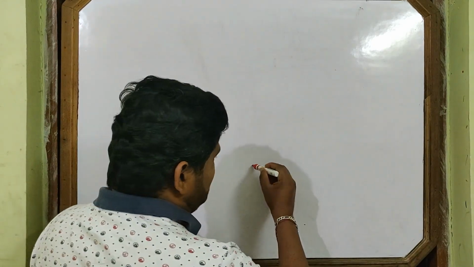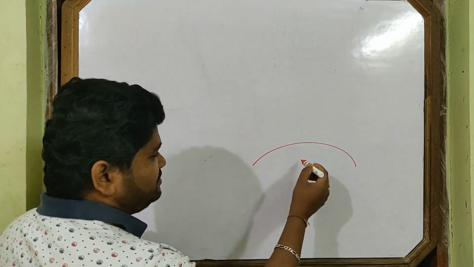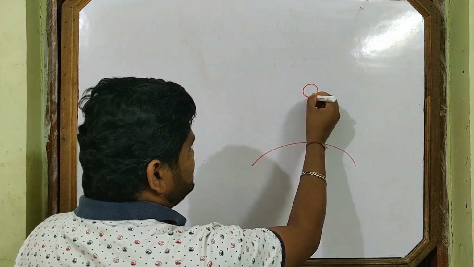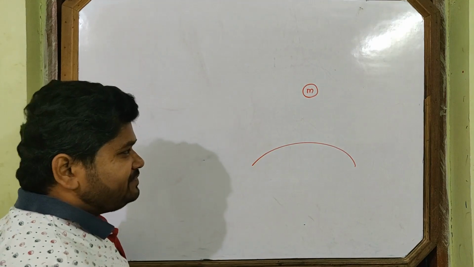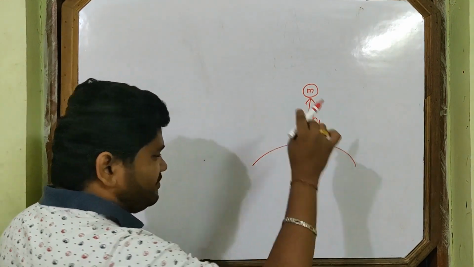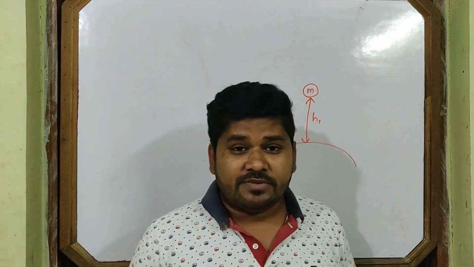You have already read in class 11th, still I am just recalling what you have learnt. Suppose this is your mother earth, and one object of mass m is here, at a height h1. Then this object has some potential energy. How much? mgh1?